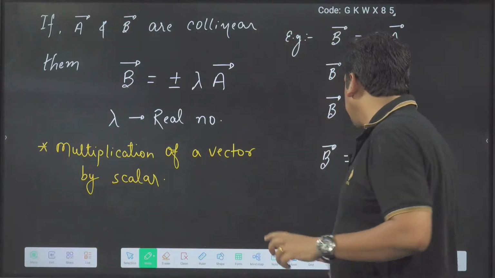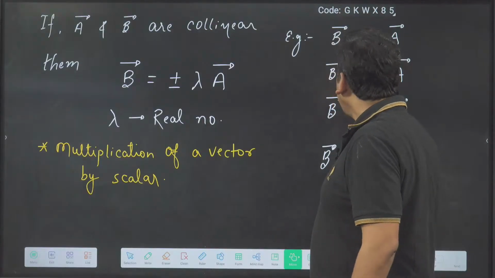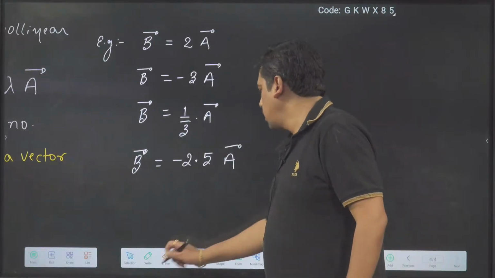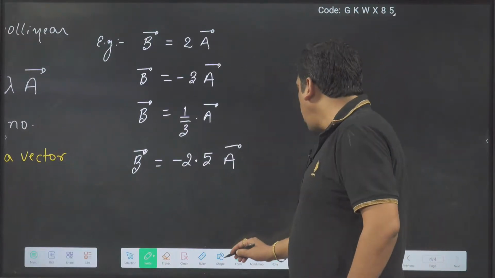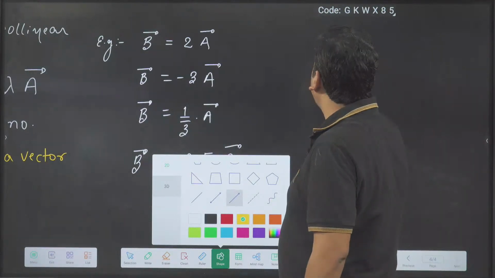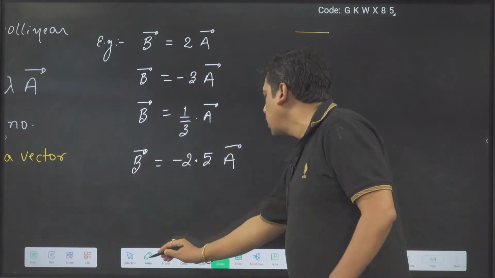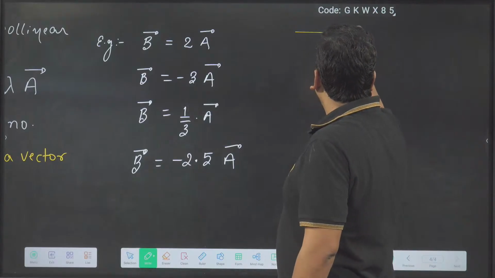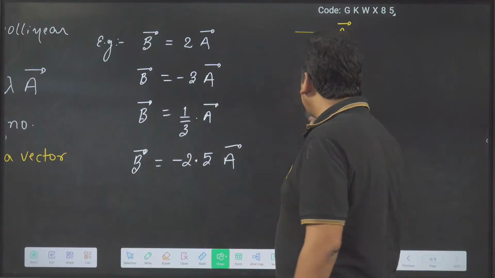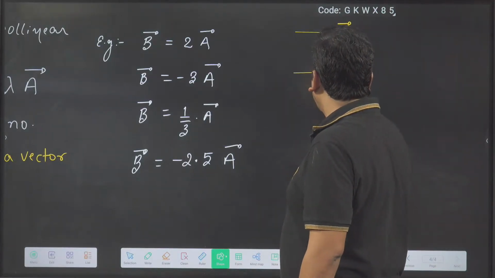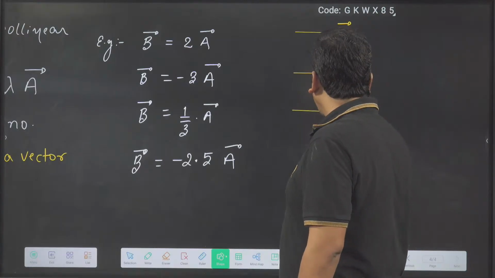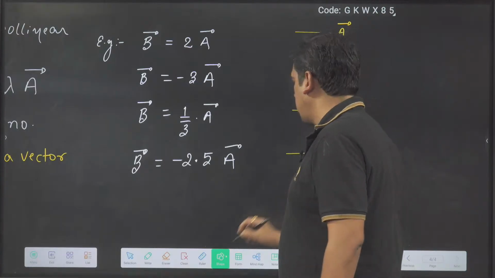That means if I draw A vector and B vector, please understand. Let's draw A vector like this in every case. This is A vector. This is A vector. This is A vector.